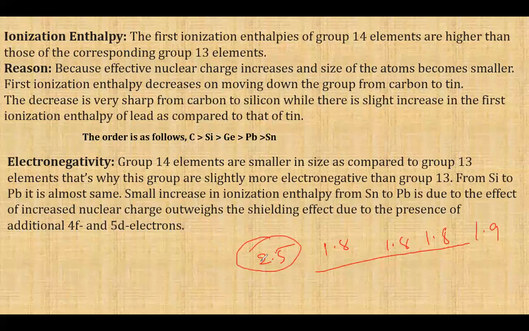Carbon has high electronegativity, extremely stable. For the others, electronegativity increases slightly because of imperfect shielding down the group, as well as the presence of d and f orbitals. Due to the addition of f orbitals, the atomic size slightly decreases, which is lanthanide contraction. So ionization enthalpy varies, but apart from that, it is almost constant.